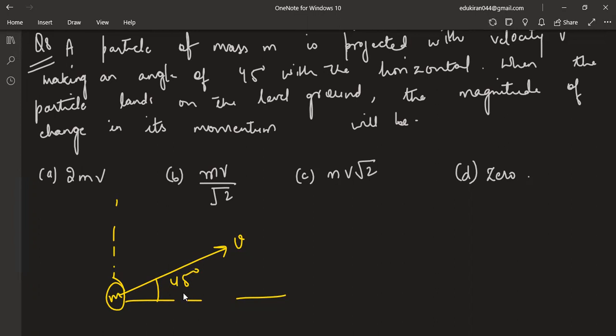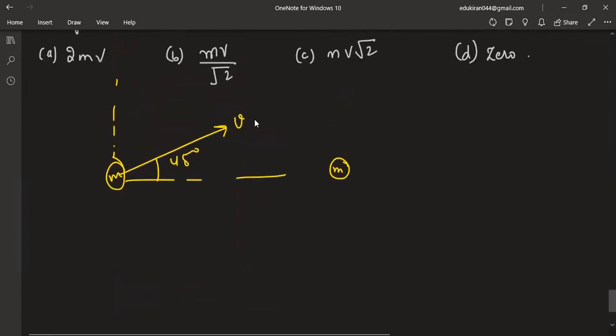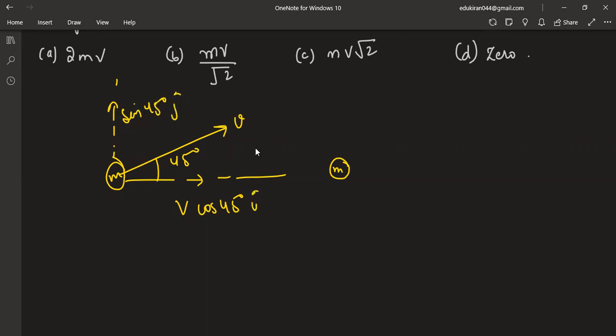See, if we resolve this, here what will you be having? If you resolve this, this becomes V cos 45 degrees, right? And this is V sine 45 degrees j cap. This is i cap, right?